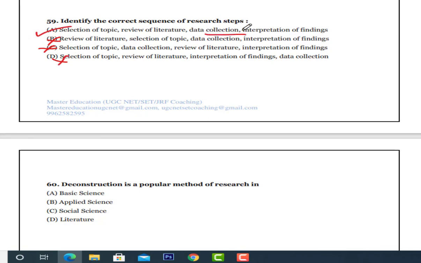For example, we find out from the data collection how many are in the population, and then we come to the conclusion. That is called interpretation of findings. Based on this, this many students passed and this many students failed. So first I collect the data, and only then do I interpret the findings.